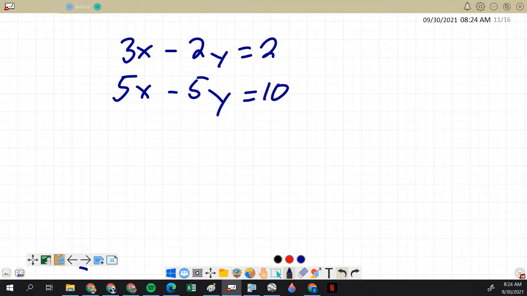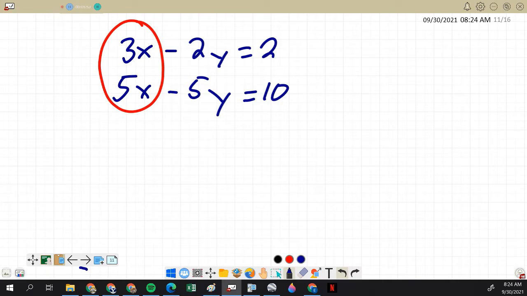So you're going to have to multiply both of them. So we multiply the top by something and we multiply the bottom by something. Should I eliminate the x's or the y's? It doesn't matter in this case. They're both the same difficulty. So let's say I want to eliminate those.